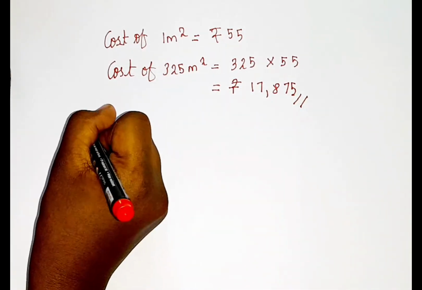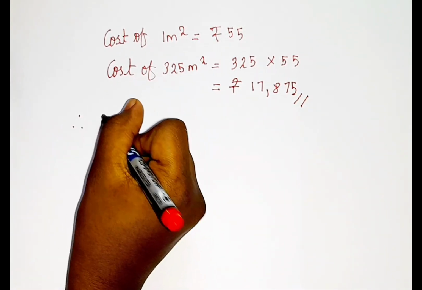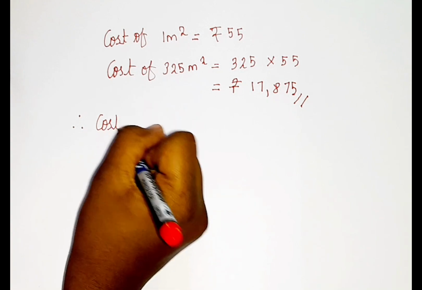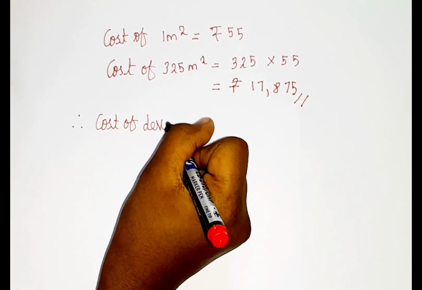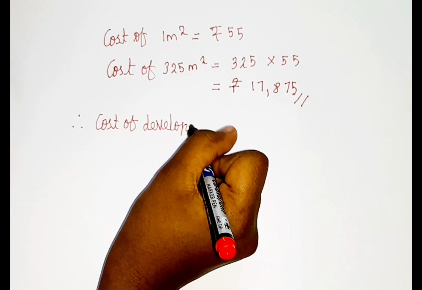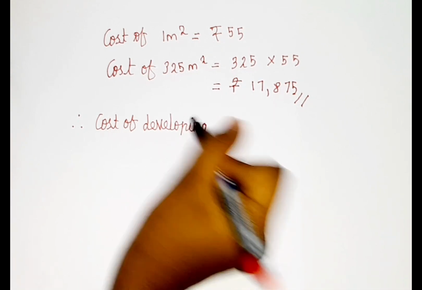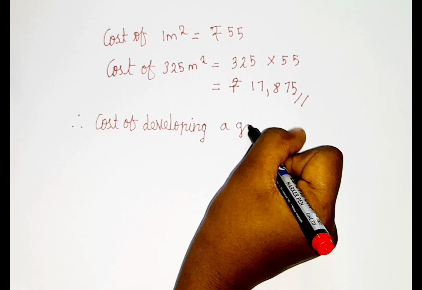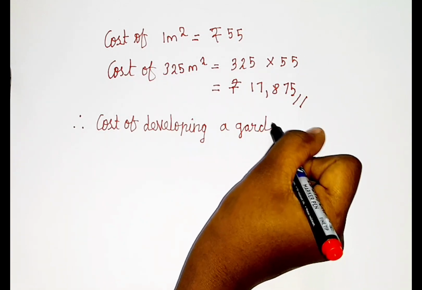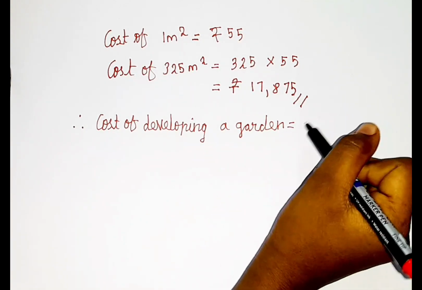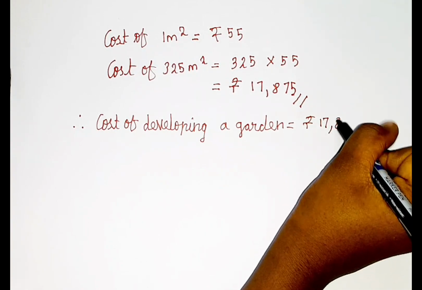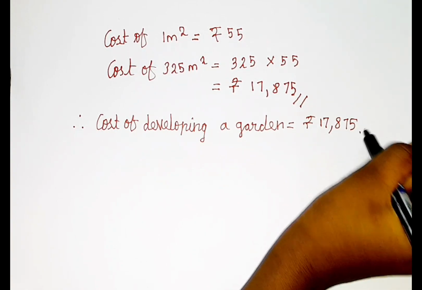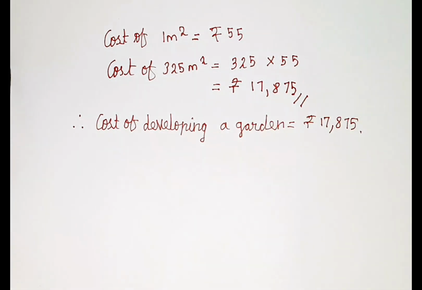So at last we can write, therefore cost of developing a garden. So what is the cost? Rupees 17,875. So this is the answer for this subdivision.